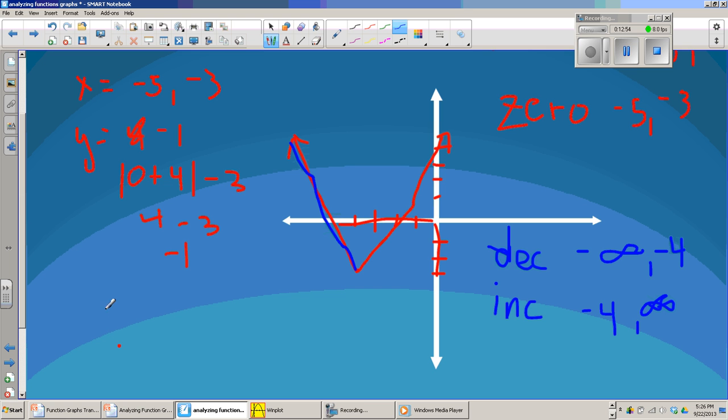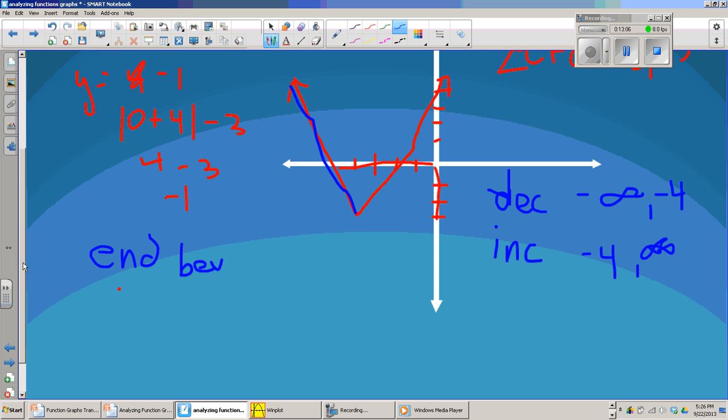Last but not least, we want to talk about the end behaviors. For the end behavior of this graph, we look at the two sides. We have the left side and we have the right side. On the left side, as x approaches -infinity, it's going up.